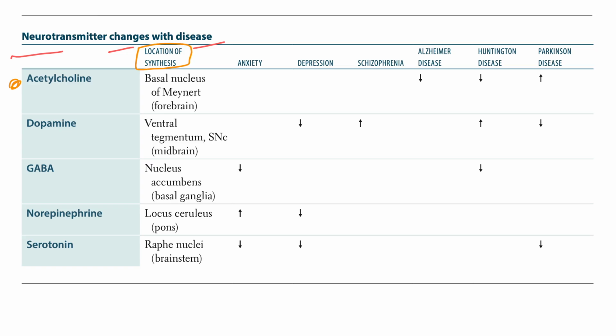Location of synthesis is the basal nucleus of Meynert in the forebrain. First, let's talk about the name and the location, which is high yield, okay? So the mnemonic here is Meynert, right? Meynert is like mayor.